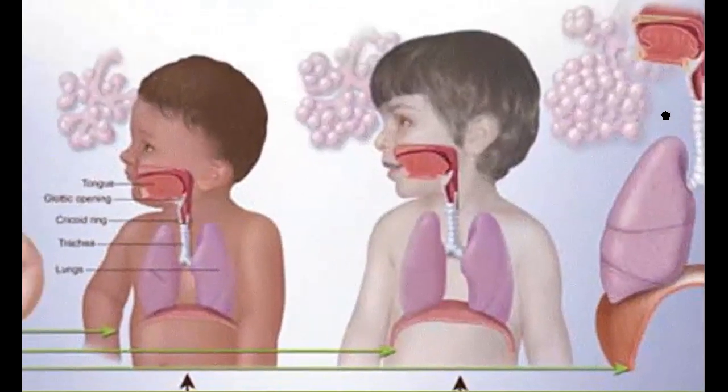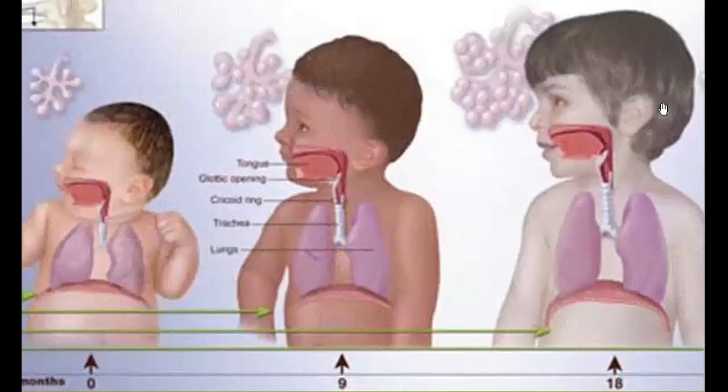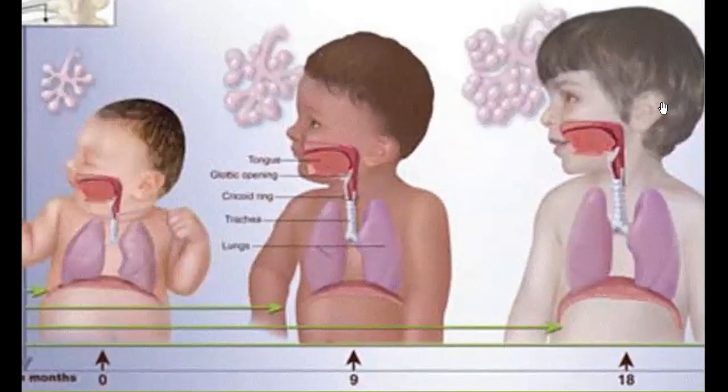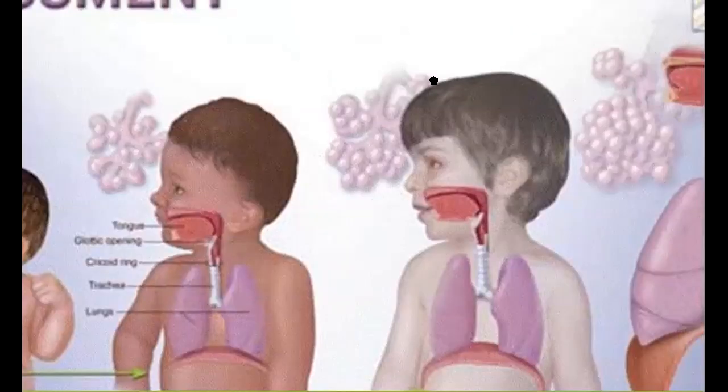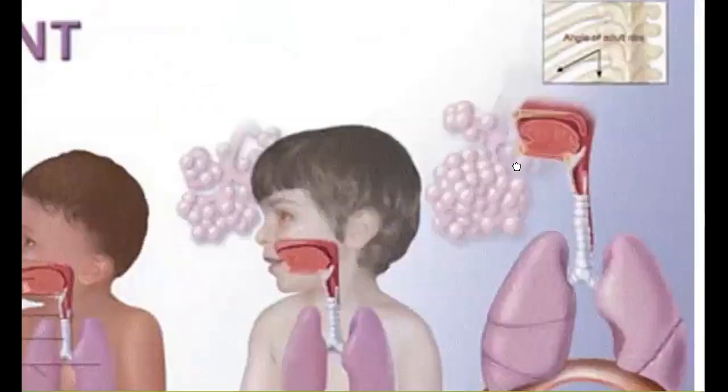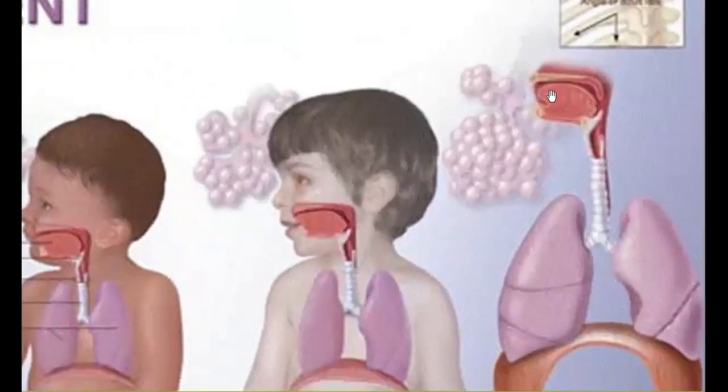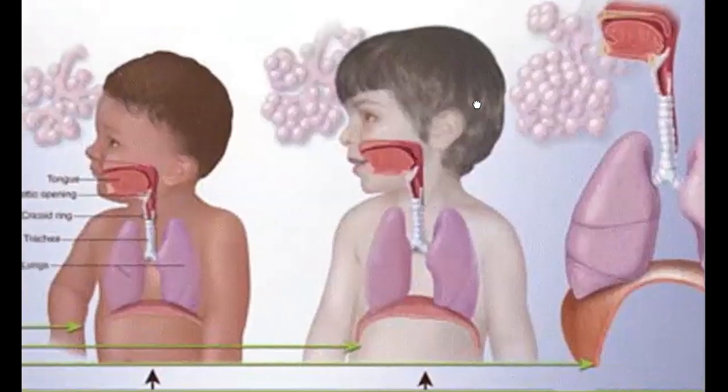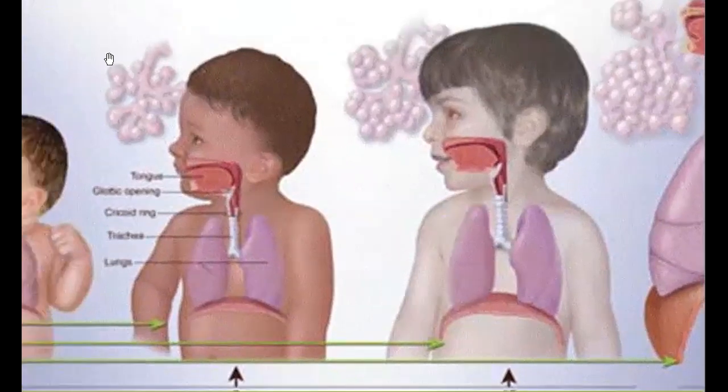But there's one other big important thing that we need to take note of, and that is the size of the lung space themselves. The adult has many more. When we look up here at the pictures of the alveoli, the adult has many more alveoli than the infant. Look at that.